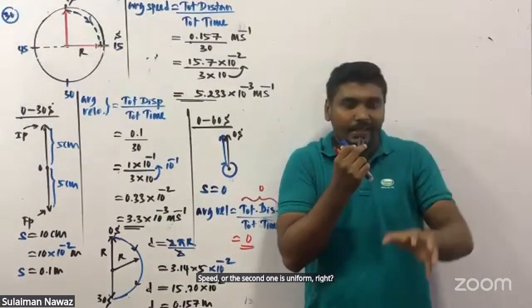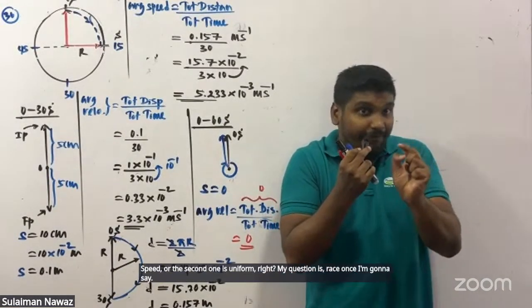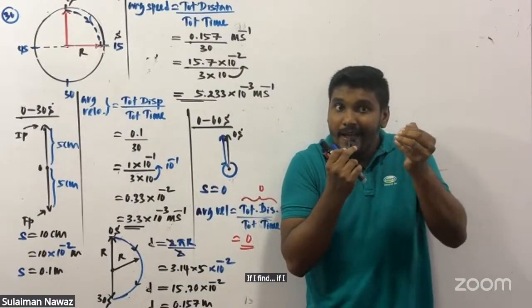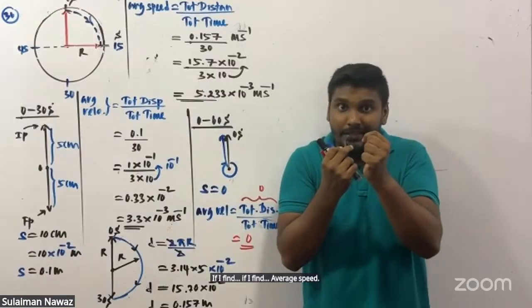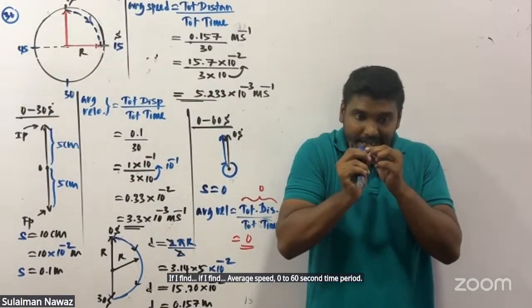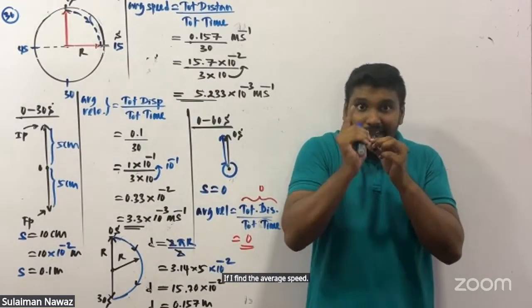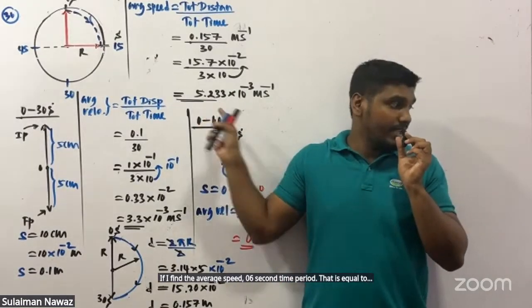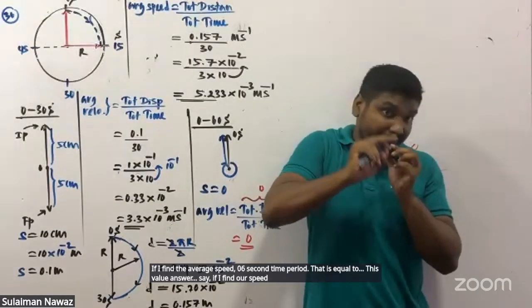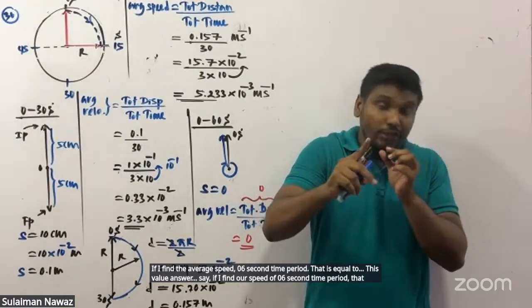My question is, raise your hands: how many of you say that if I find the average speed for the 0 to 60-second time period, it is going to equal this value?